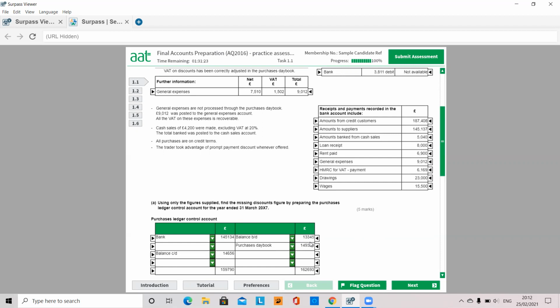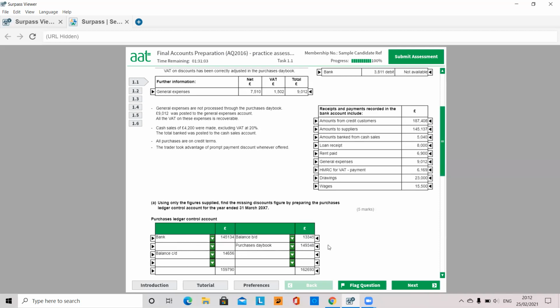What would reduce it? Any money we pay them, any discounts received, or any contra entries, or anything along those lines. So again, always think about it along those lines.